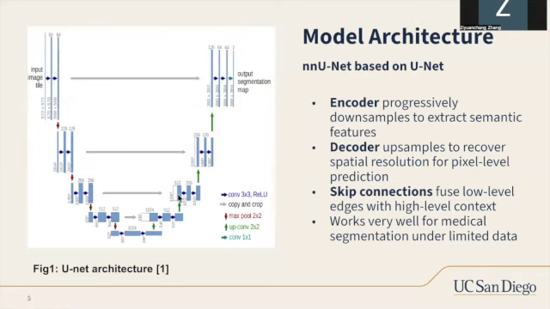The decoder upsamples using 2x2 up-convolutions, and then it also uses skip connections to bring back some high-resolution features from the encoder. This is why UNet works well in medical segmentation, because it preserves the fine boundaries that really matter for the lesion shape.